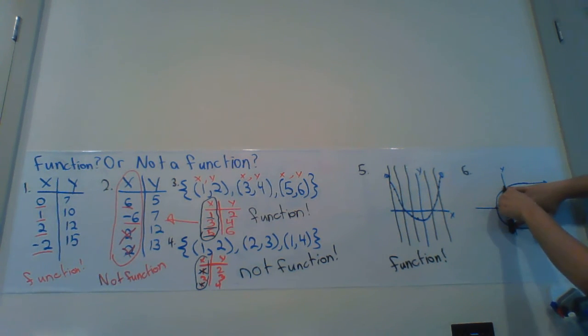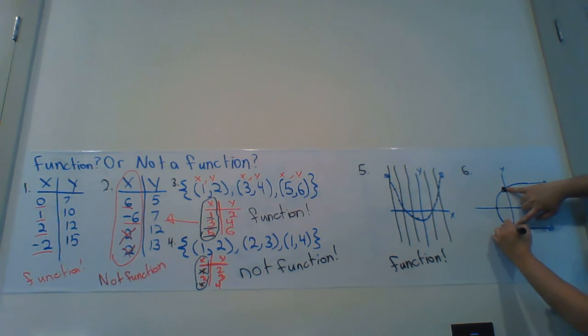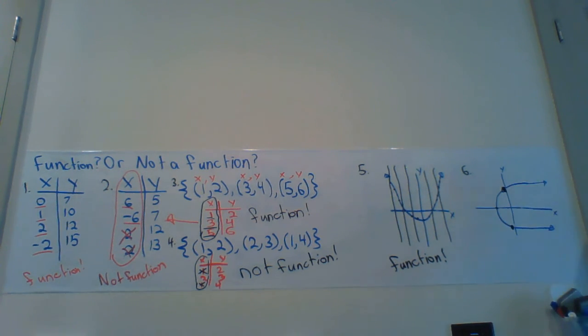Once up here and once down here. And it's hitting it at the same time. That means my x has been repeated. My input, my domain, has two elements that are the same. That cannot happen. We don't want this one.